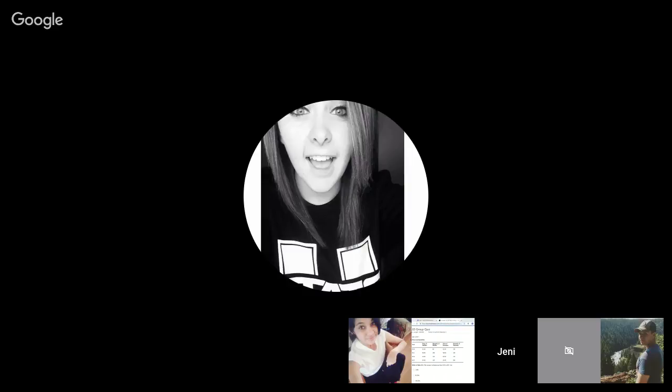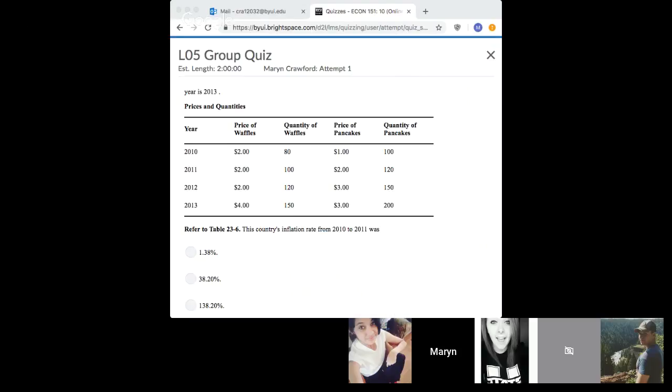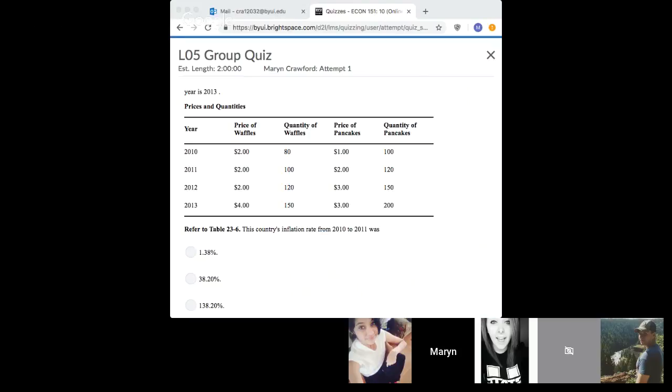Then what's the formula? So first you have to find the GDP deflator, because you have to put that into the inflation rate formula. So the GDP deflator is nominal divided by real times 100.